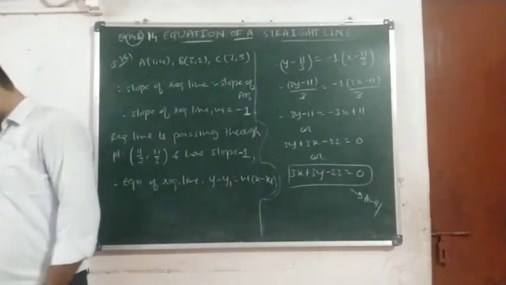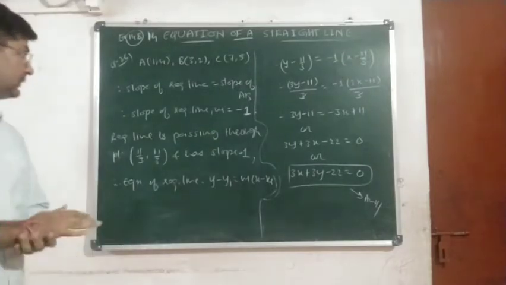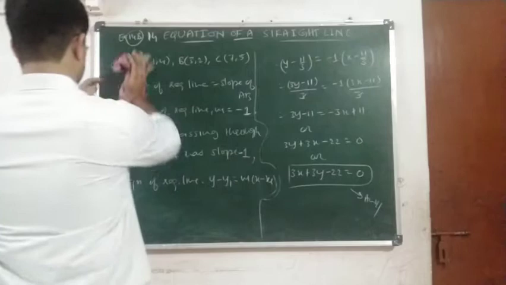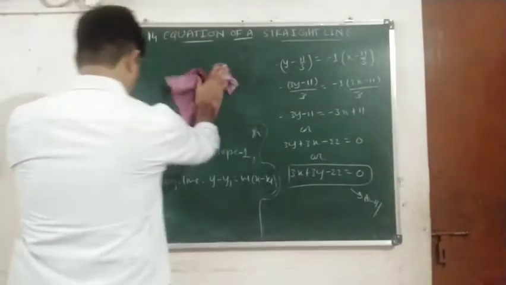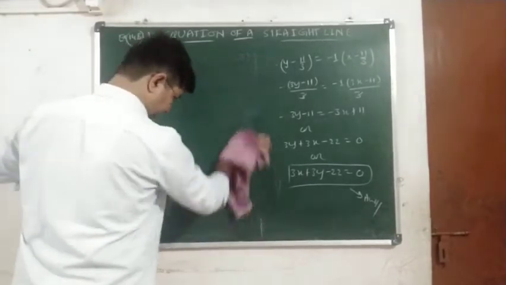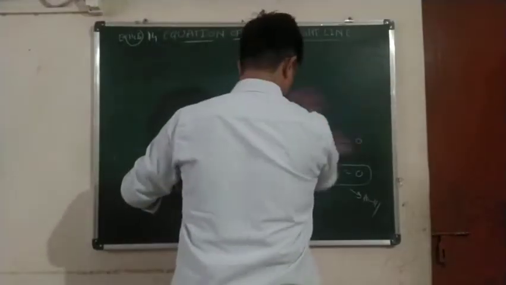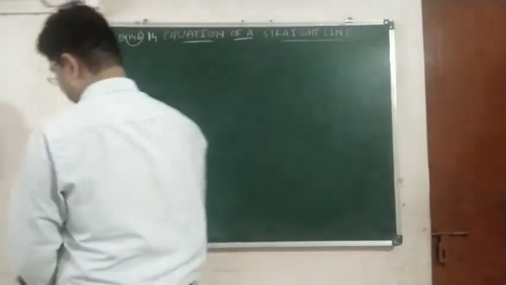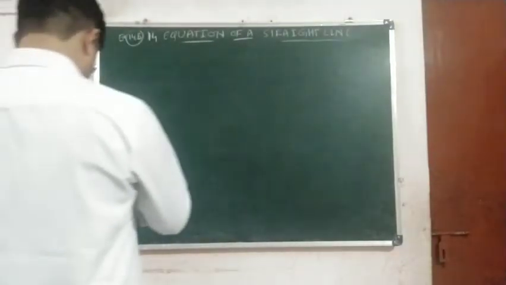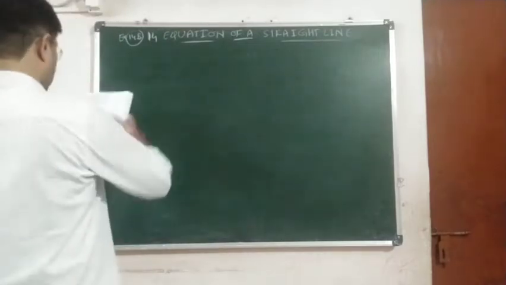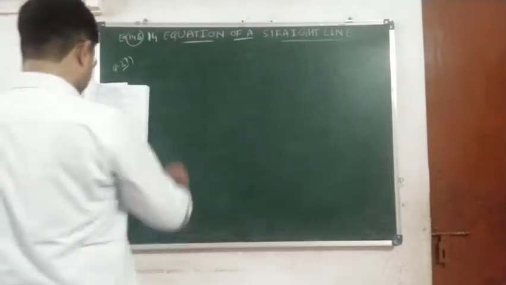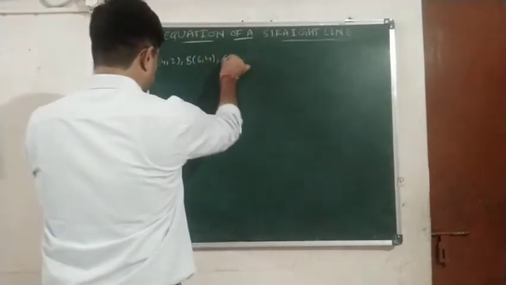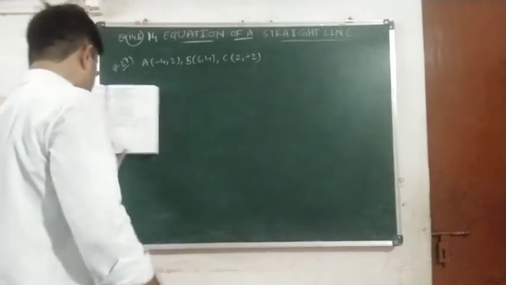Now let us solve question number 27. The vertices of triangle ABC are given.